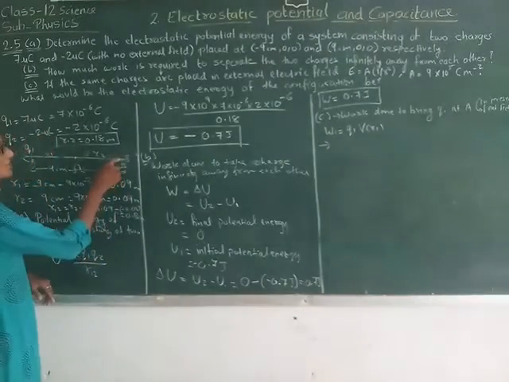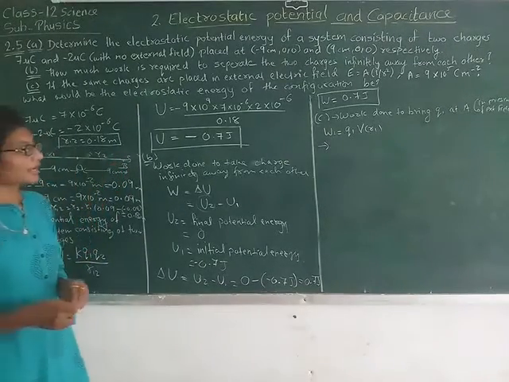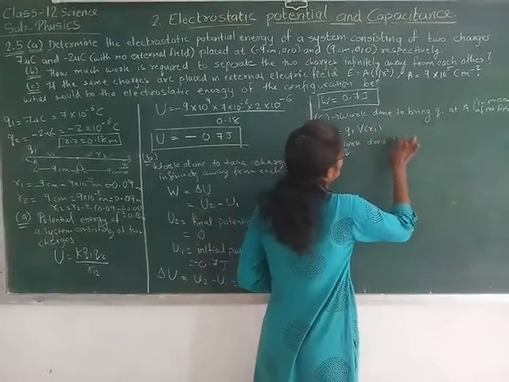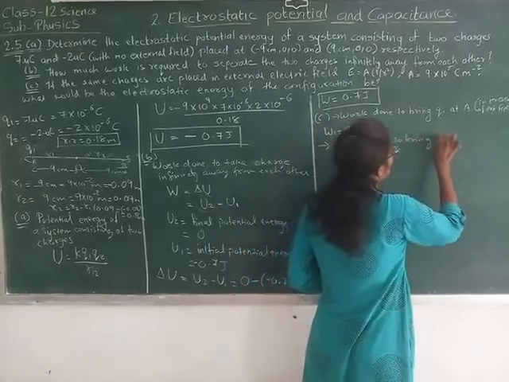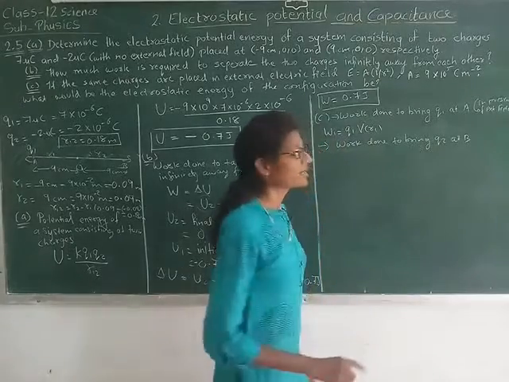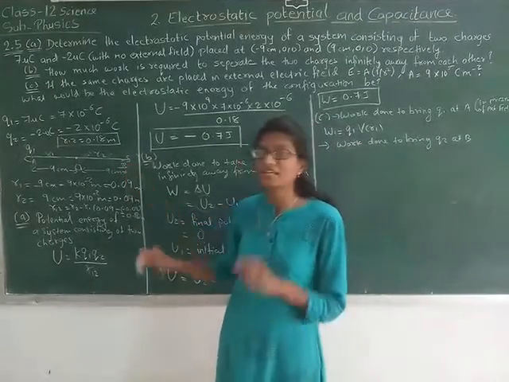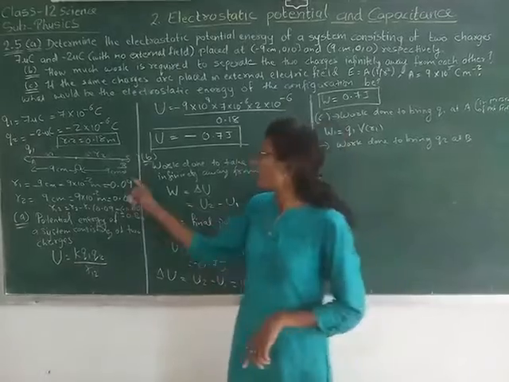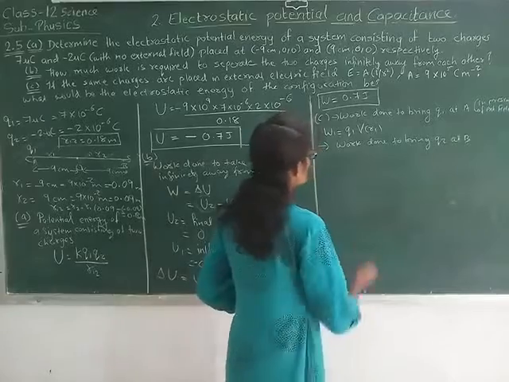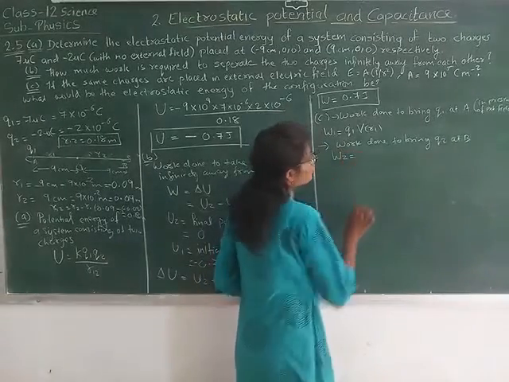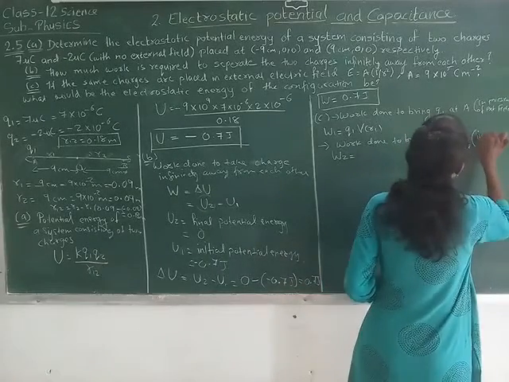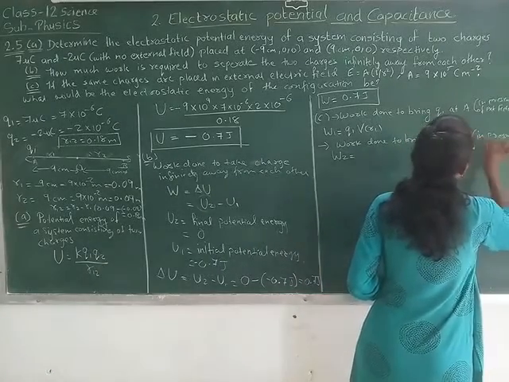Now see, when we place the charge at this point, work done to bring Q2 at B. Here the potential at this point is due to the external field also, and it is due to the charge Q1 also. So we can write W2 equals, first of all, only in presence of external field.